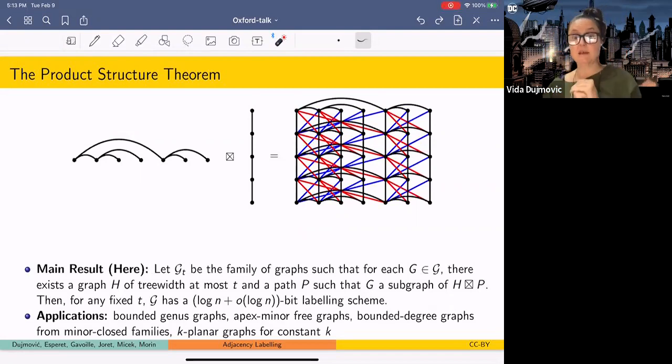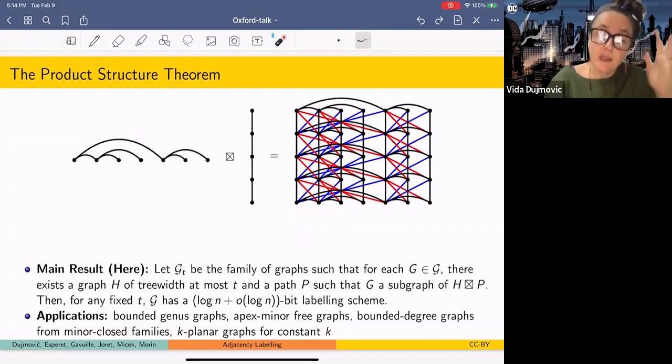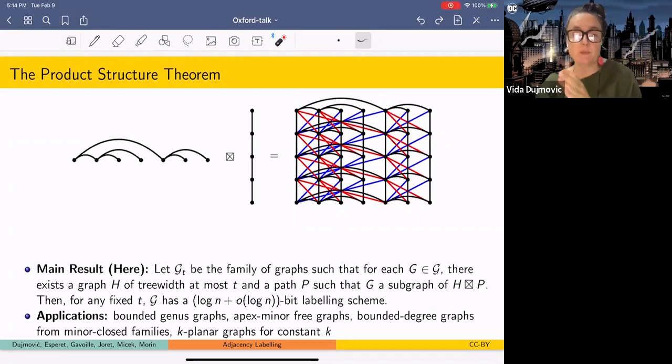I'm going way slower than I thought, but surprise, surprise. Okay, so there is an open problem I find very interesting. For most of these applications that I mentioned, by the way, queue layouts, non-repetitive graph colorings, and so on, we got results using product structure and then using some ad hoc method we came up with something else to extend it to all proper minor closed families.